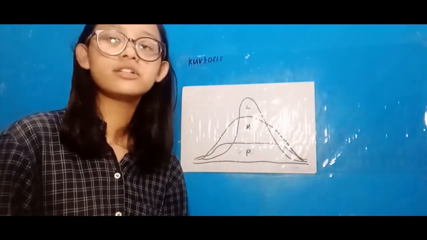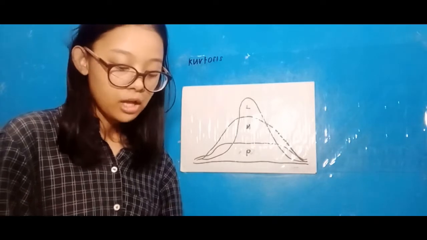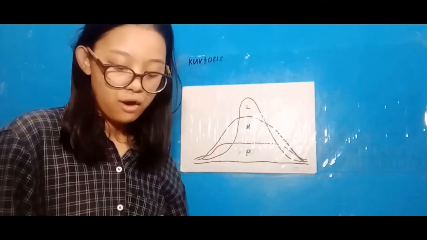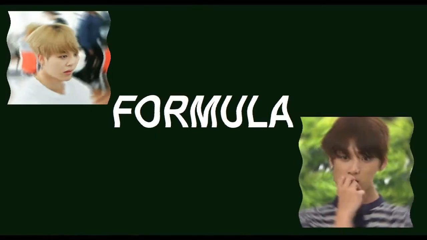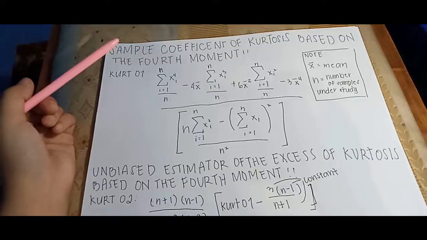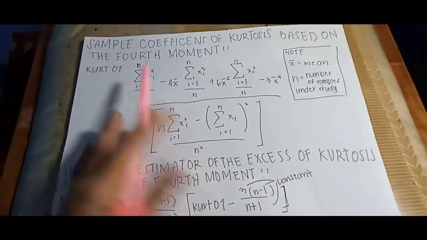In the book Elementary Statistics, written by Dr. Josefina Almeida, there are suggested formulas for computing the measure of kurtosis, which are given below. Okay, so here are the formulas.